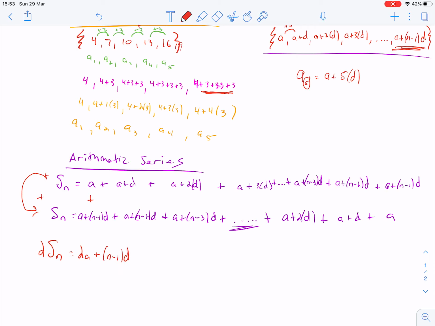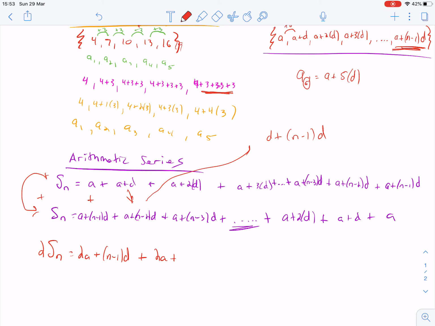That would be the first term. The second term would be 2a plus, so now we have, I'm going to bring this to the side a little bit. We get d plus n minus 1d.